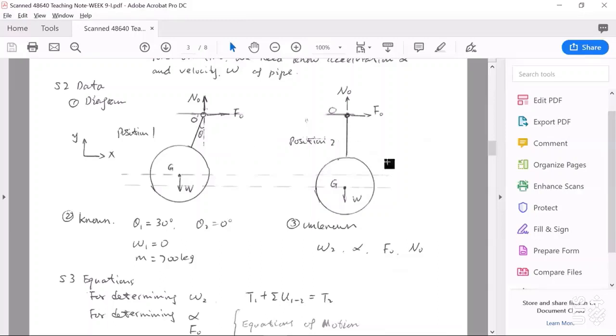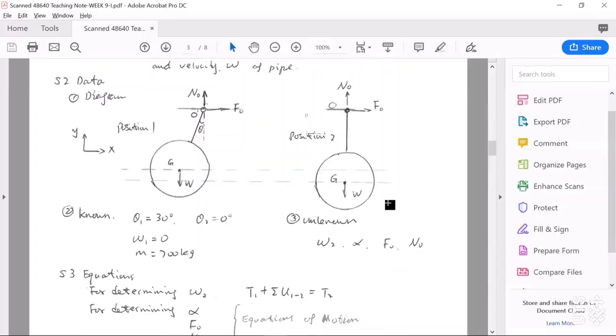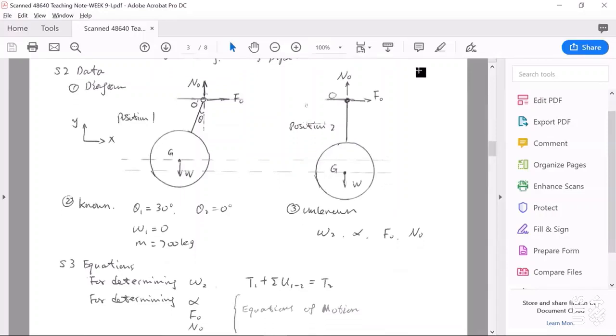Then after we work out the velocity when this pipe is at its lowest position, we can use the kinetic equations of motion to work out N_O, F_O, and the angular acceleration at this moment.